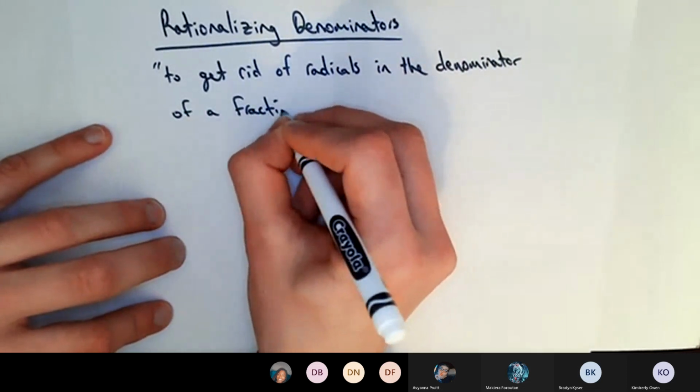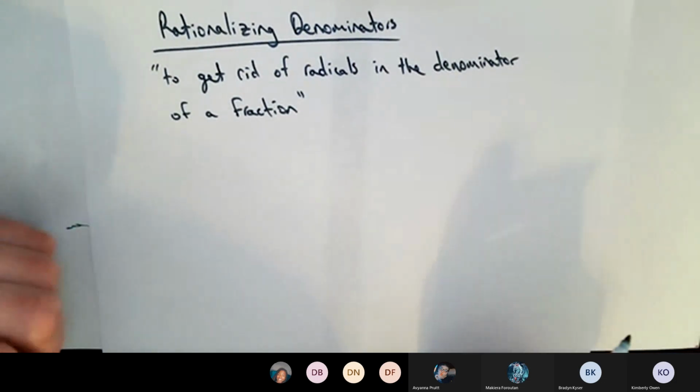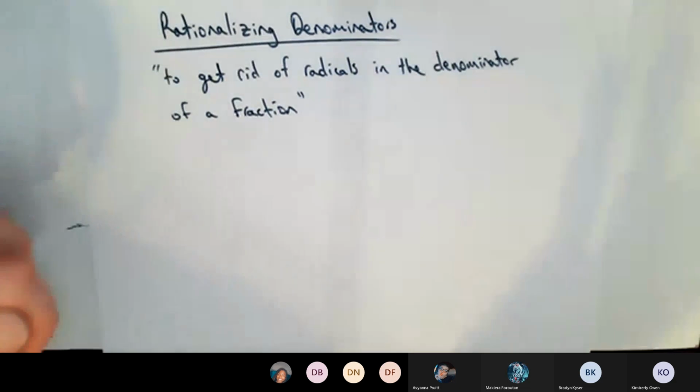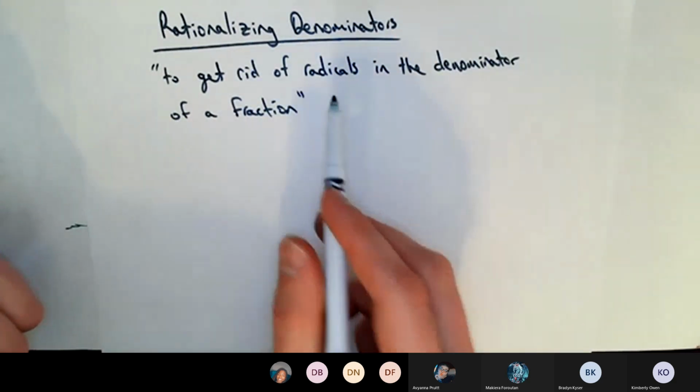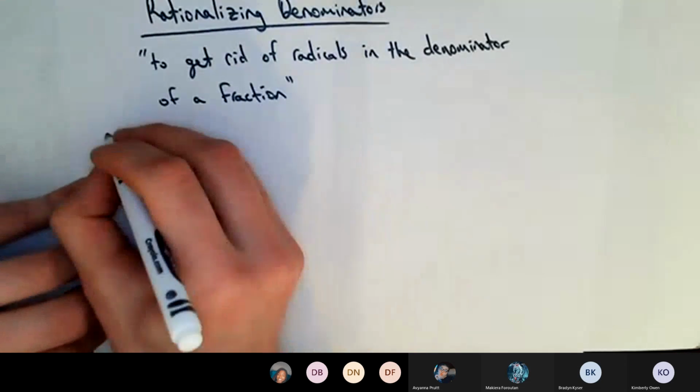Because radicals are inherently irrational numbers. So to rationalize something means to get rid of the irrational numbers, which in this case are radicals in a denominator of a fraction.